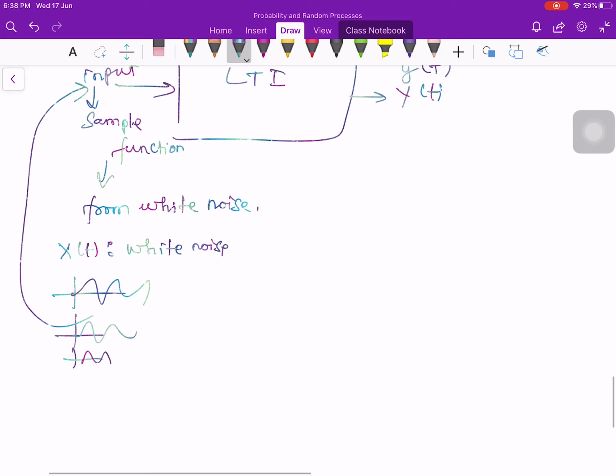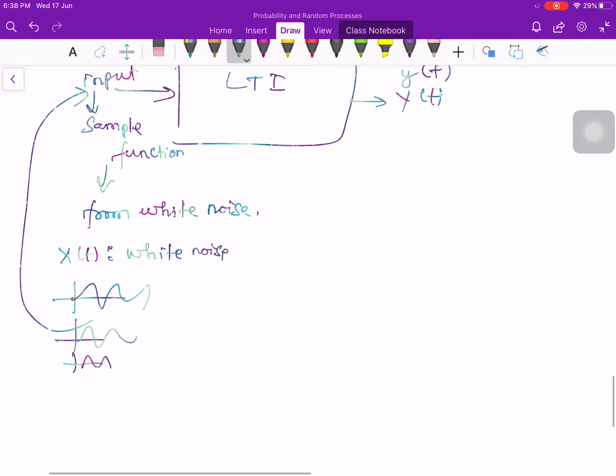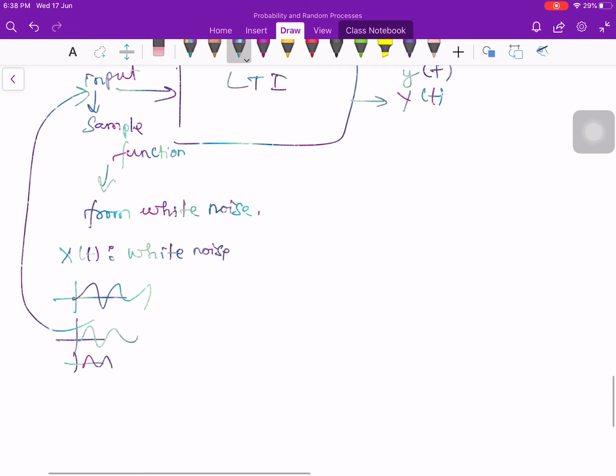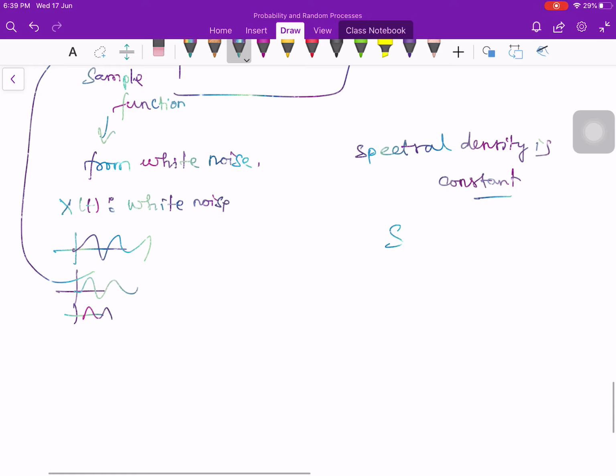If it is white noise, then the spectral density is equal to constant. Recall from the previous lecture, when the noise is white noise, then the spectral density is constant. That means Sxx of omega is equal to n0 by 2.